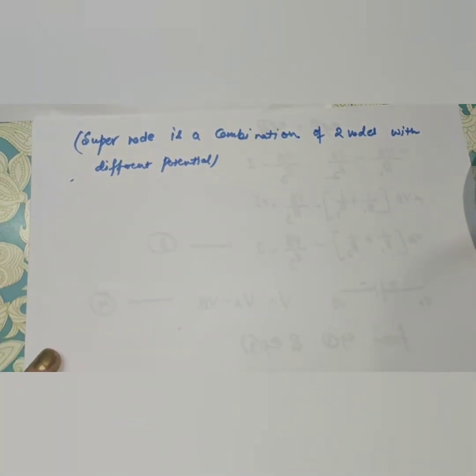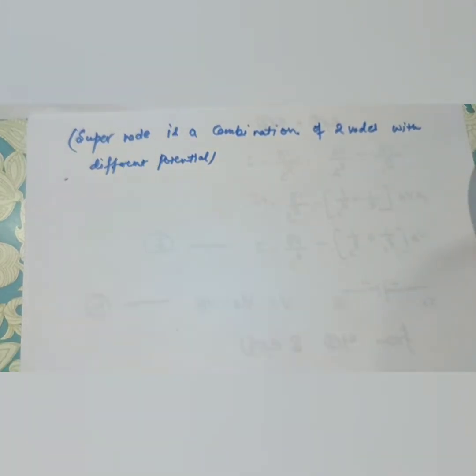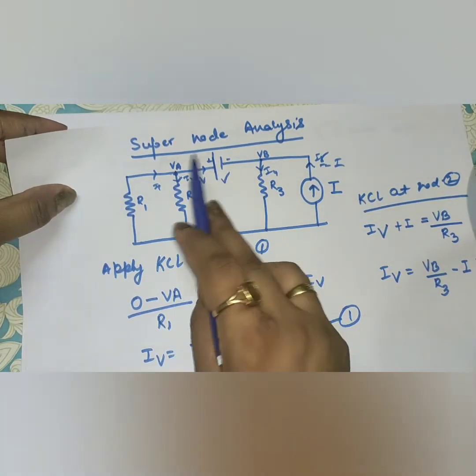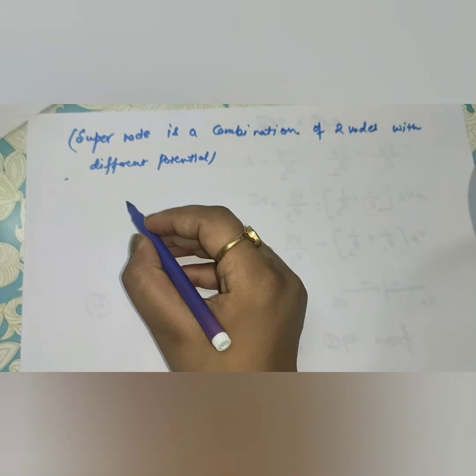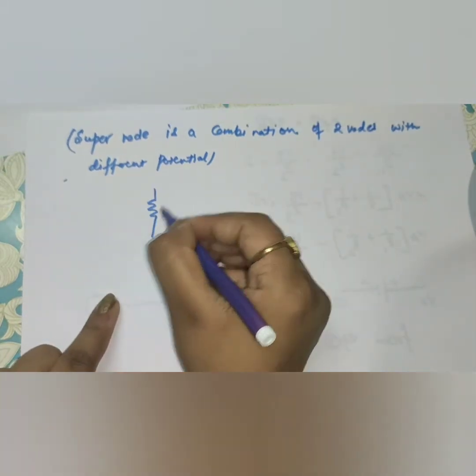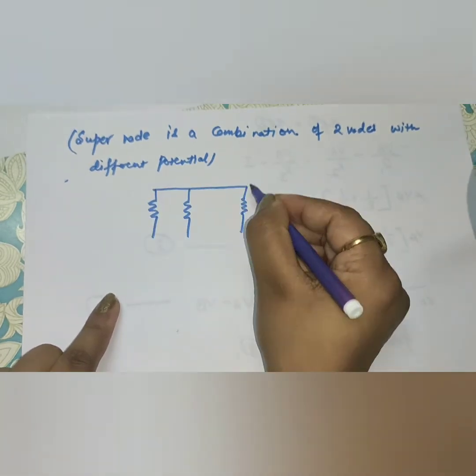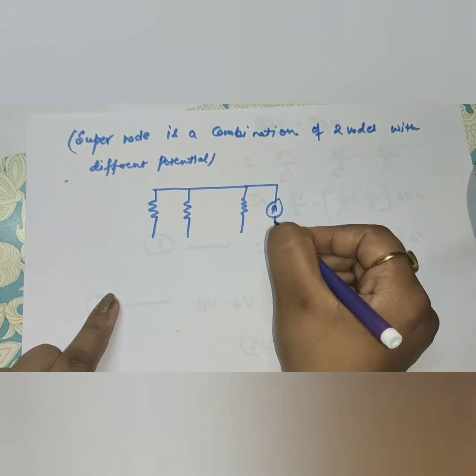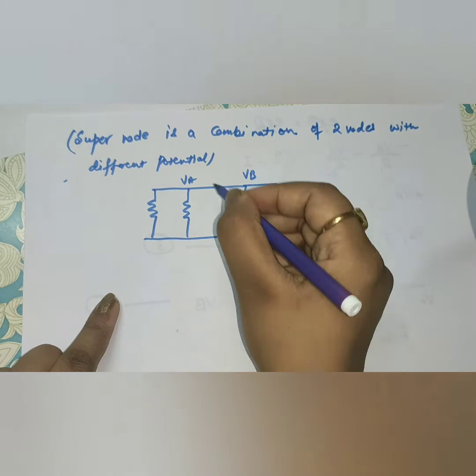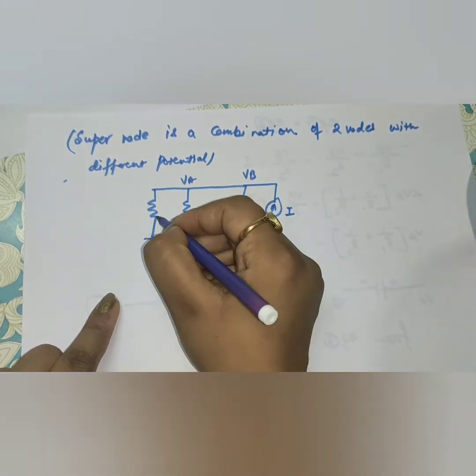If we short circuit this and find this circuit, we will be doing the supernode. So here I am redrawing it like this: VA, VB, and this is I, this is R3, this is R2, and this is R1.